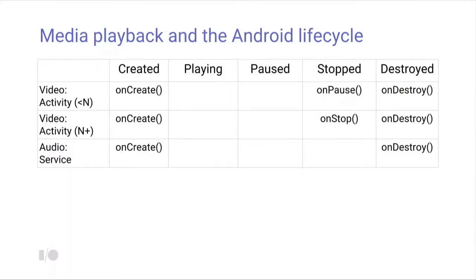Now on N+, obviously that'd be a disastrous idea, because with things running side by side, you'll be paused but not stopped. Remember, stopped is when you become not visible. So we've increased the guarantee that onStop will be called immediately. That makes it the perfect place to actually stop playback.